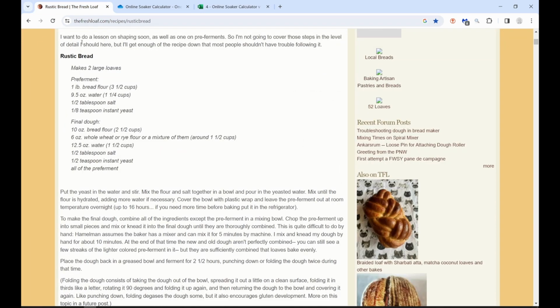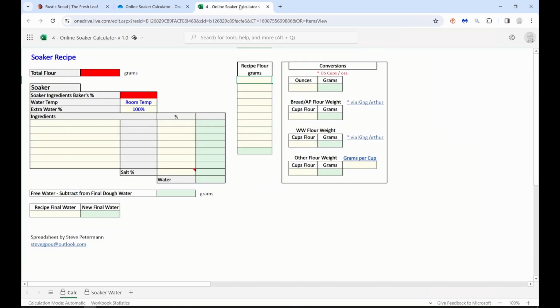Let's go through this recipe and add the flours that we find. So the first thing we find is a pre-ferment with a pound of bread flour, 3.5 cups. So I have a little conversion area.